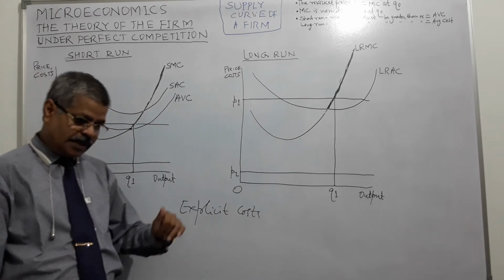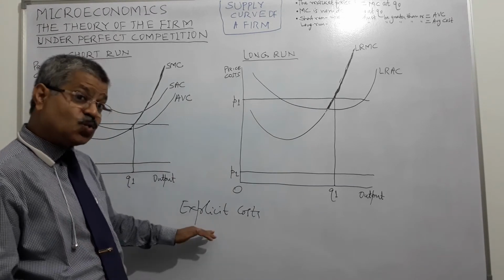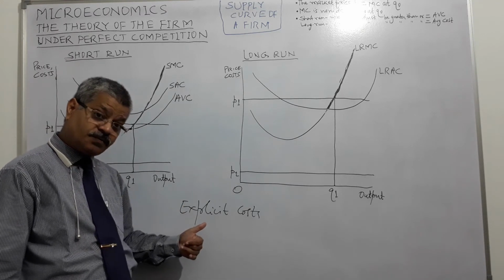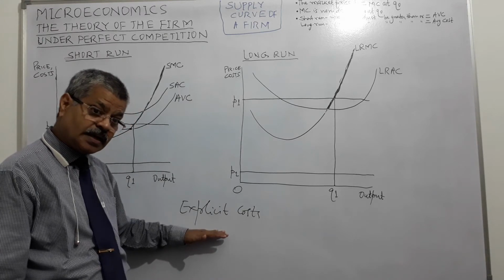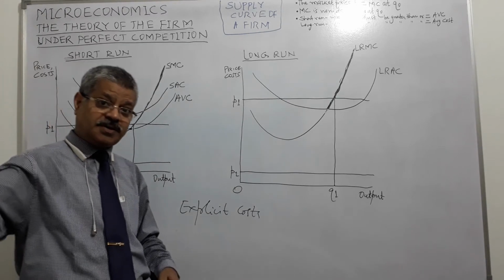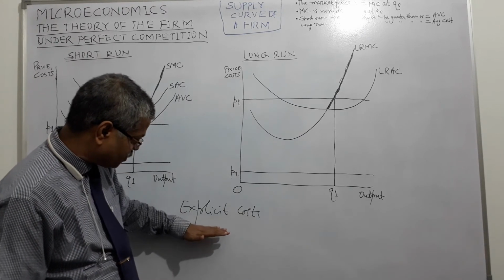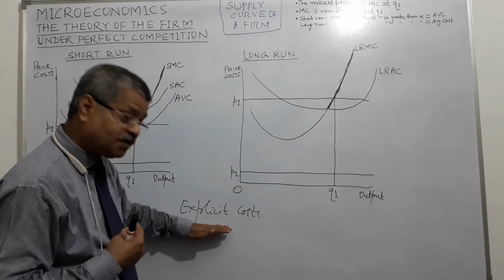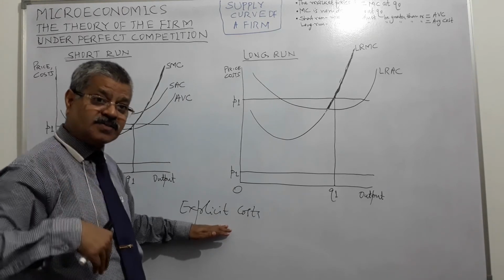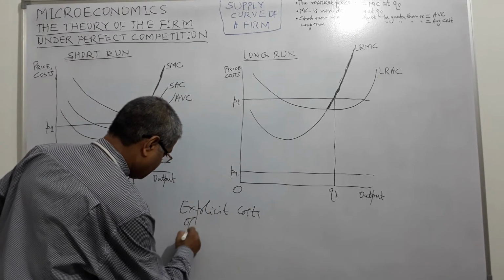Right? And the factor of production which I am owning, which belongs to me, I can use in my business, but when I am using that particular factor of production in my own business, I am losing the opportunity of using the same in some other kind of activity and getting some return. So, by using that 4th factor of production which I own in my own business, whatever I am losing by not employing it outside and earning some revenue, some return, is called opportunity cost.